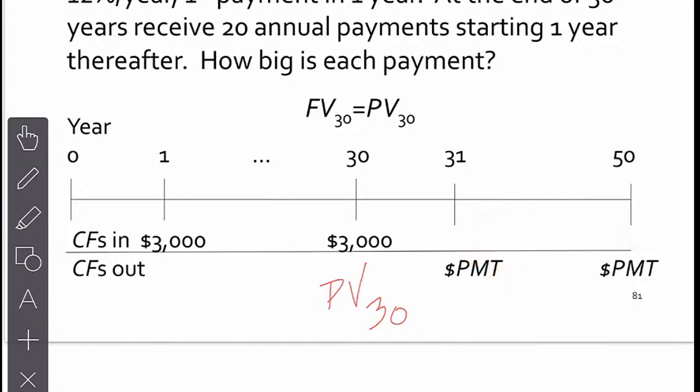So there's a timeline, and I expect you to draw that timeline. How am I going to figure this out? This is what I need to get. However, where does this come from? This comes from an accumulation of these inflows to the fund for 30 years.